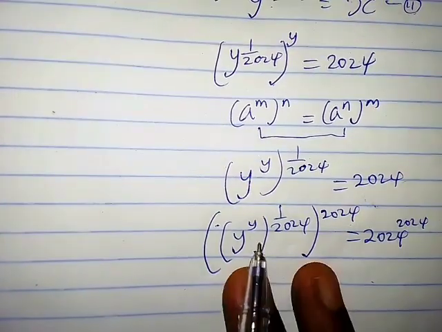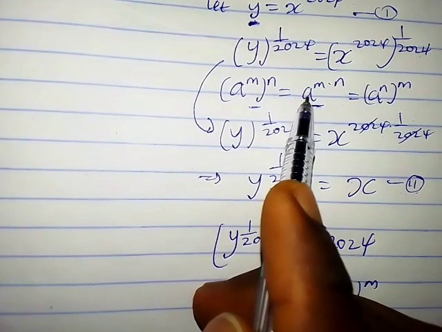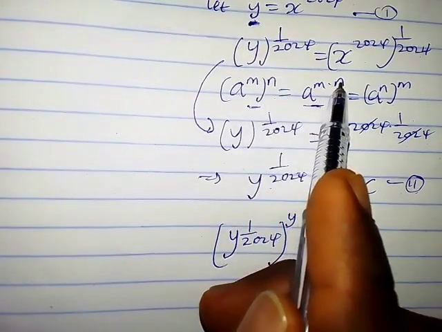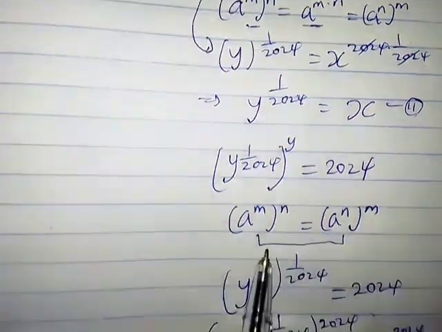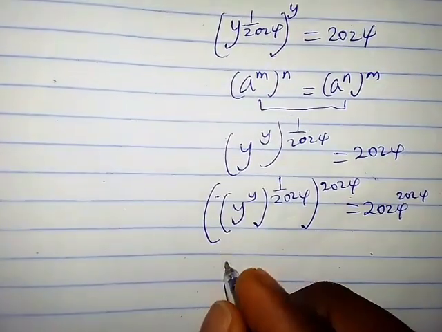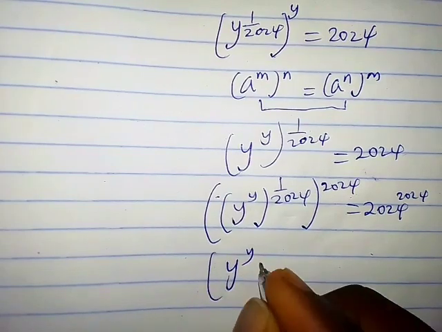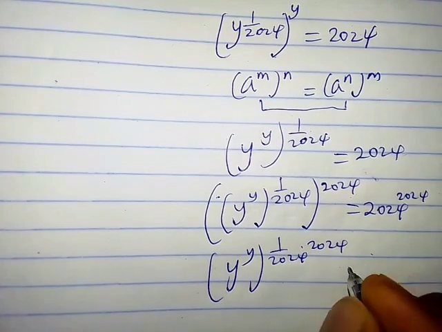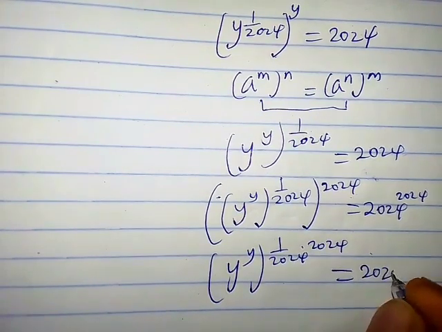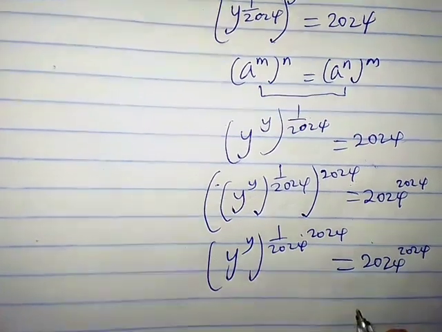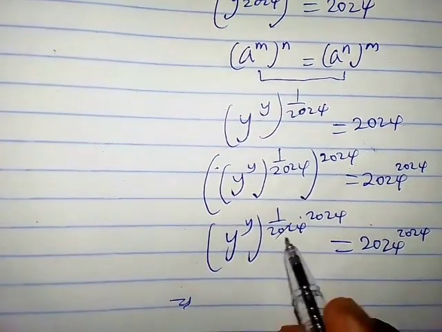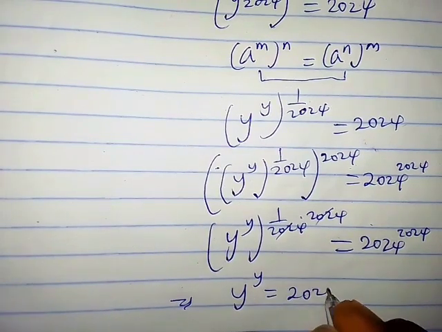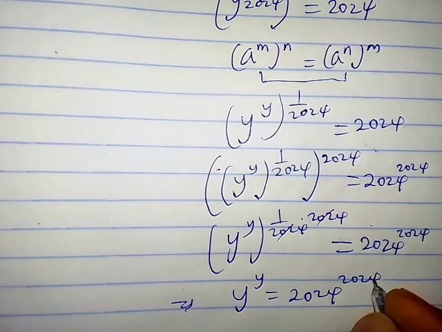Imposing the property that a raised to power m raised to power n is a raised to power m times n, we have y raised to power y times 1 over 2024 times 2024 equals 2024 raised to power 2024. So this one takes care of that one, and we have y raised to power y equals 2024 raised to power 2024.